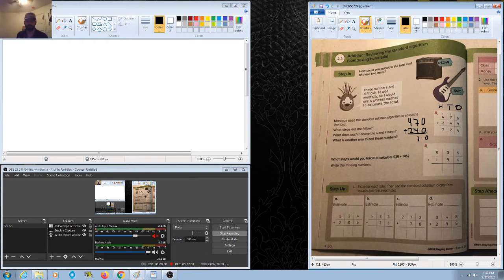So we put the 1, which is the tens place of 110, and we carry the 1, which is now representing 100 in the hundreds place. So 1 plus 4 plus 2 is 7.